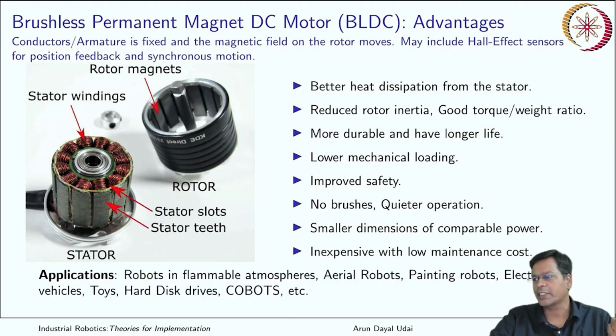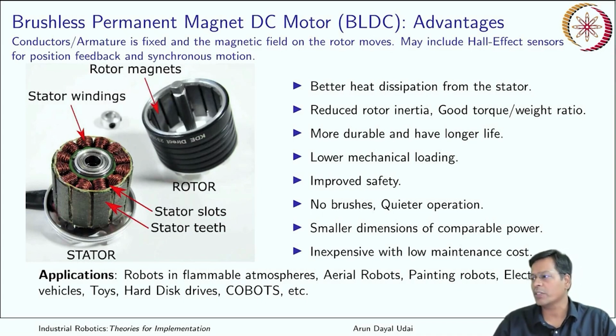So these are a few applications you see: robots in flammable atmospheres. Just now I gave you the example of mines. Aerial robots, because they are lighter, compact, can attain very high RPM, and have a very good torque to weight ratio, so you can mount a propeller on these. This is the reason it is mounted on the drones that you see nowadays.